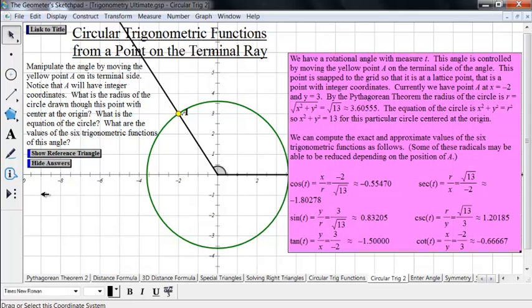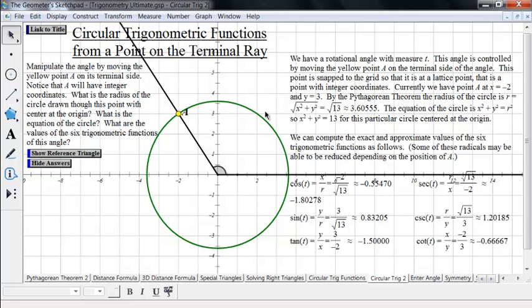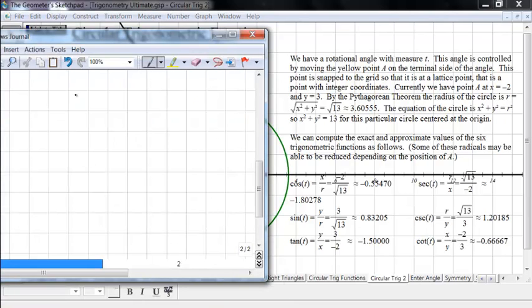Okay, coming back, we have an x and y coordinate there, and if you look, the x is -2 and the y is 3. So we have x equals -2, y is +3, and of course then r is the square root of x squared plus y squared.